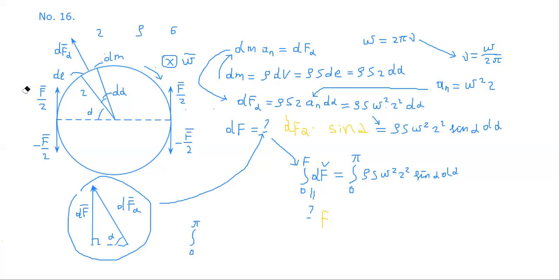I will calculate it separately, because rho, S, omega, and r are constants. So all we have to calculate is this sine alpha d alpha. Okay, so how to find this?